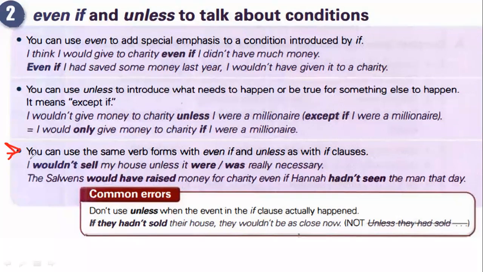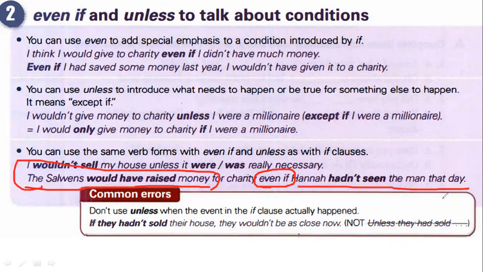And the last one: the Solwents would have raised money for charity even if Hannah hadn't seen the man that day. That means that the result is the same if the situation was different or not.